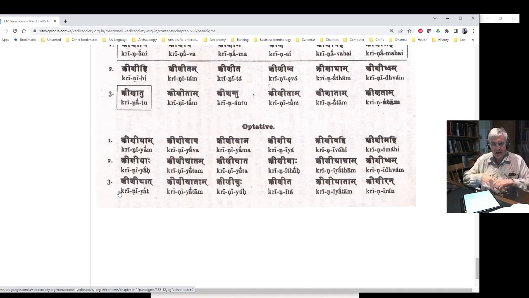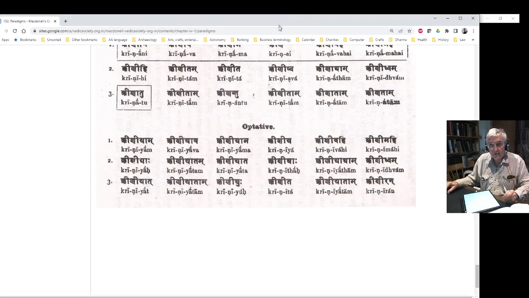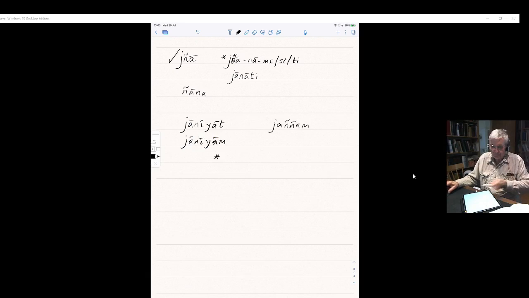Look at krīṇīyām on screen. I might know in Sanskrit is jānīyām, forming the optative regularly. And what's happened is through intermediate processes, again I'm putting this asterisk, sorry, I'm writing on my iPad without showing you, sorry.